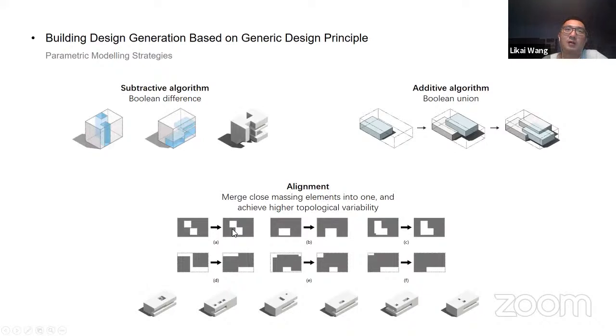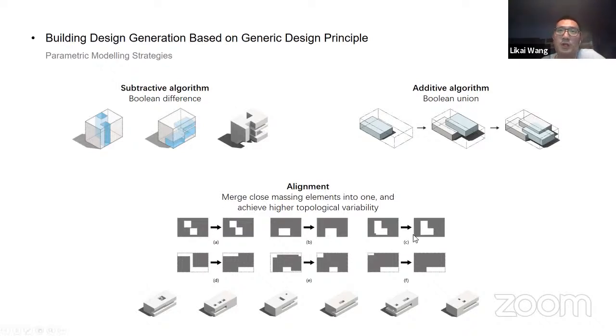So the algorithm will detect these types of problems and try to merge these two volumes into one large volume. In some other cases, for example, when the volume is very close to the boundary of the building, it will directly break through the boundary of the building to become a large courtyard.